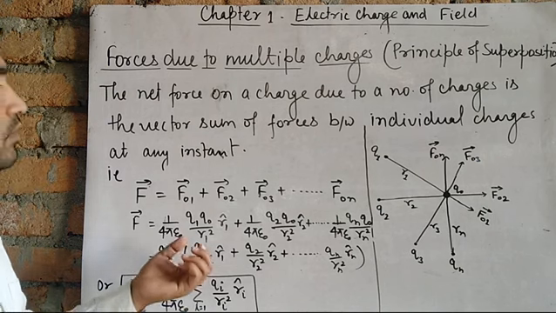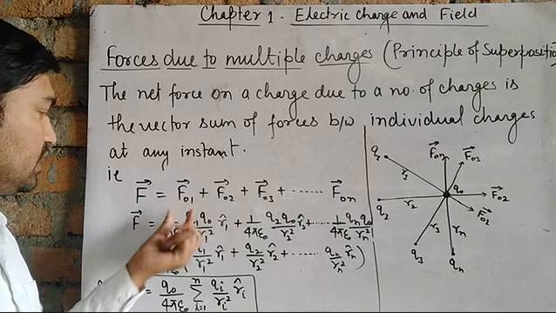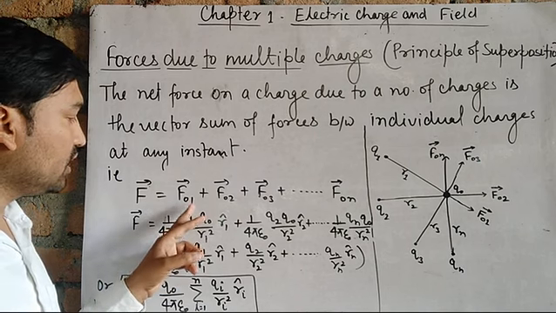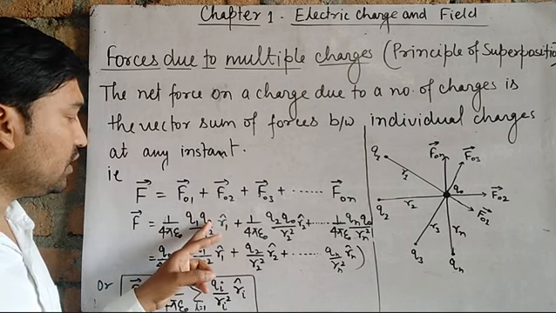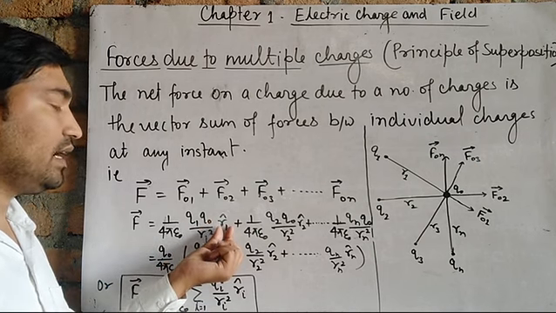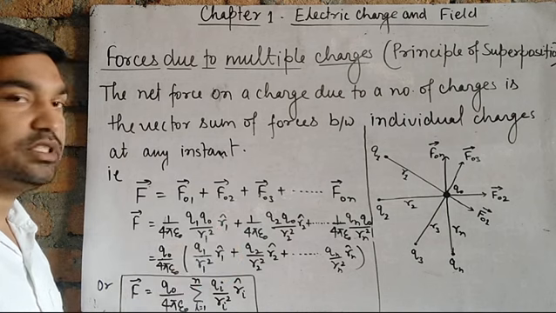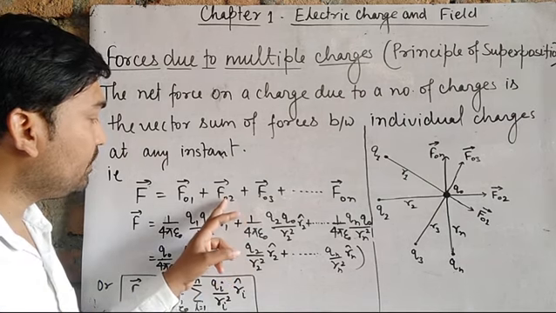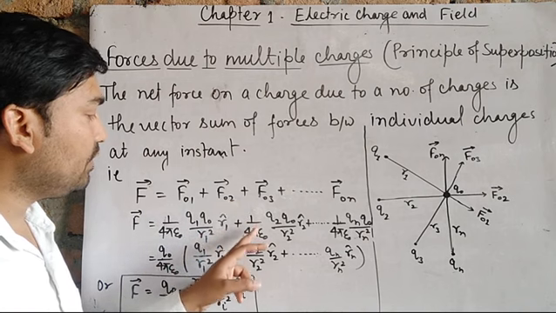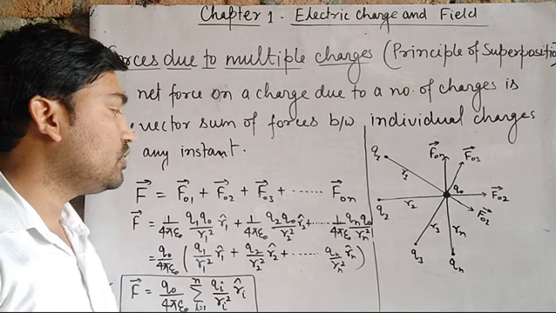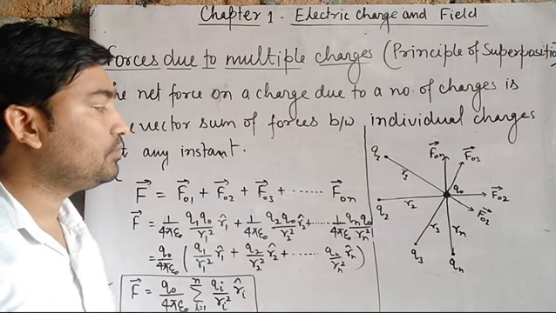And we know that the force is written as 1 upon 4 pi epsilon naught. The force between Q0 and Q1 is Q1 Q0 upon R1 square times R1 cap. This represents the direction of this force. Another force, F02, is equal to 1 upon 4 pi epsilon naught Q2 Q0 upon R2 square times R2 cap.